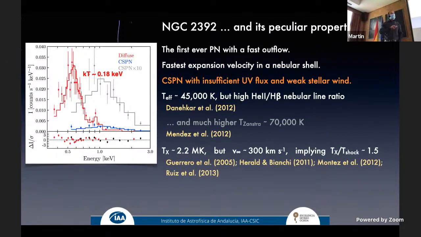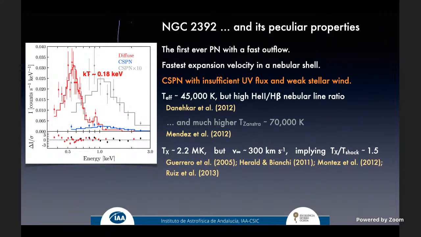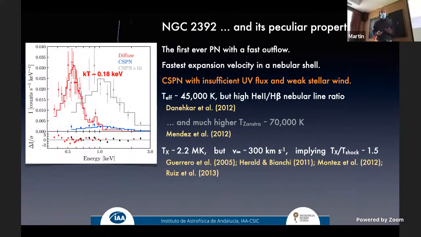It does not have the UV flux or the temperature to produce the large amount of helium-2 emission seen there. As a result, the effective temperature as determined from non-LTE models and that from Zanstra models are completely discrepant. It's much, much higher for the Zanstra temperature.